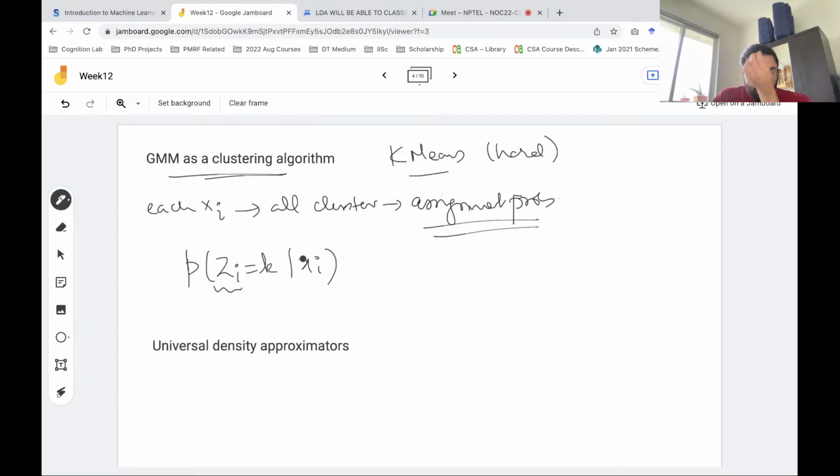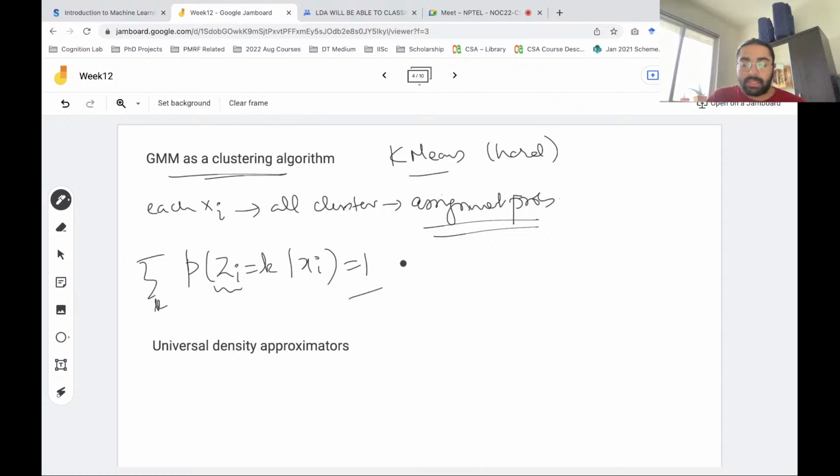The probability that this point belongs to this cluster is given by this, and obviously the summation over k will be equal to 1. So each point belongs to all the clusters. It is just that how much it belongs to each cluster changes, and that is the idea of soft clustering in some sense.